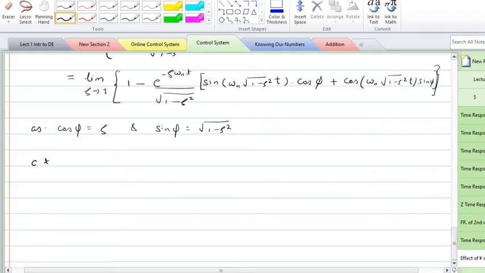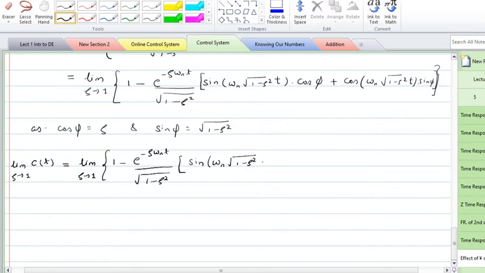So we get C of t, limit zeta tends to 1, is equal to limit zeta tends to 1 of 1 minus e raised to power minus zeta omega n t divided by under root 1 minus zeta square multiply sine of omega n under root 1 minus zeta square t times zeta, plus cos of omega n under root 1 minus zeta square t times under root of 1 minus zeta square.